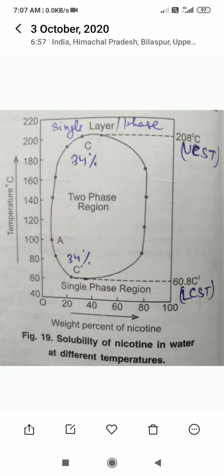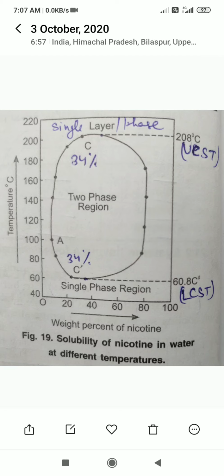But if temperature is raised, then two layers will separate out, and this will keep on going up to 208 degrees Celsius. Up to 208 degrees Celsius, two layers will be there, and after that again single layer will be formed.